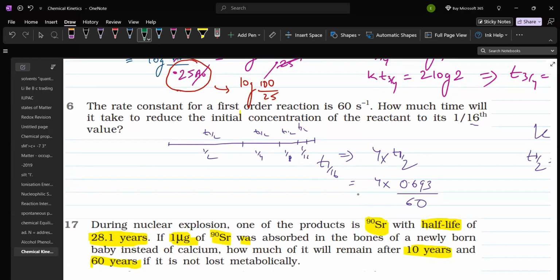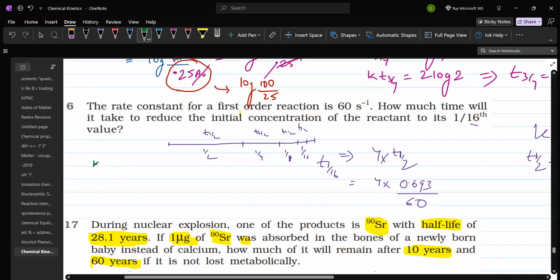Rishita, what was your approach? I substituted everything in K equals to, T equals to 2.303 by K log. Okay, so let's try to solve that question through that formula.